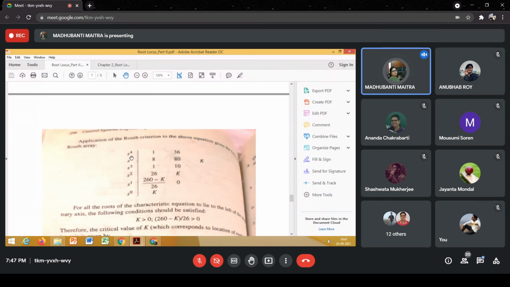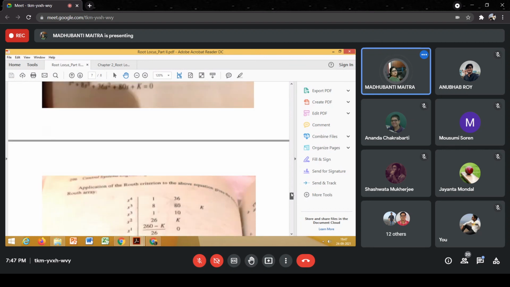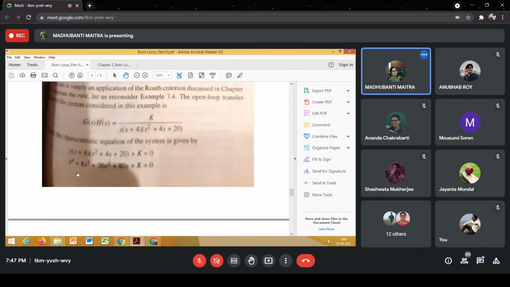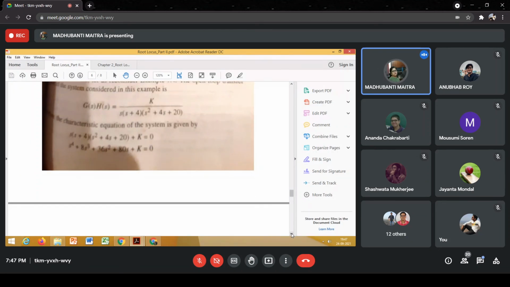So the first row will correspond to a term which is s to the power 4, and the elements are, please do check, 1, 36 plus k, 136k... and the second row will correspond to a term s cube, and the elements of that particular row will be 8 and 80.